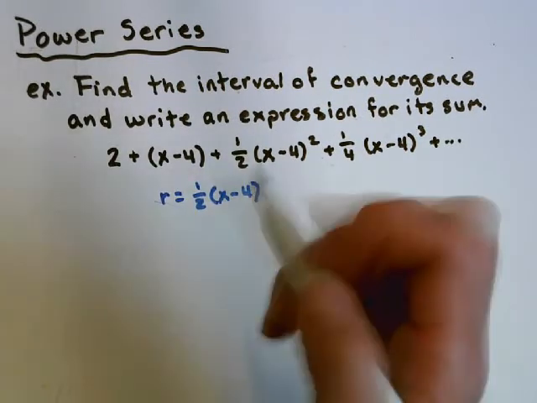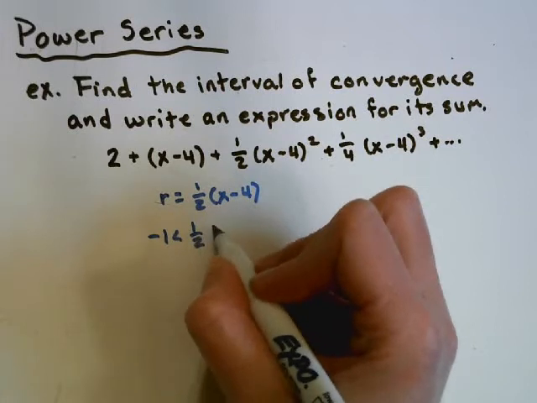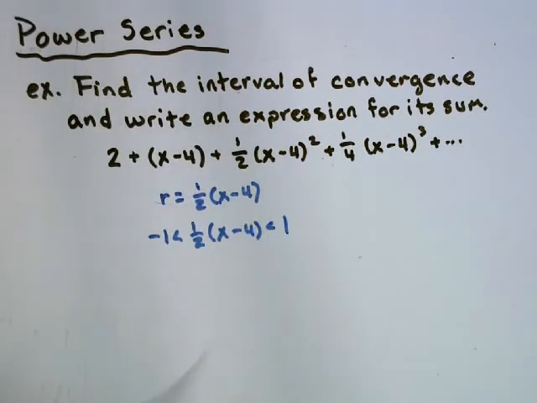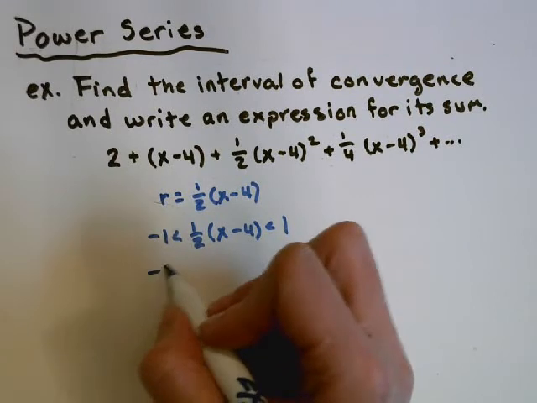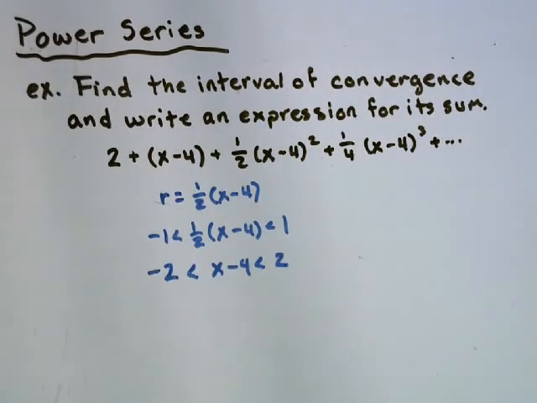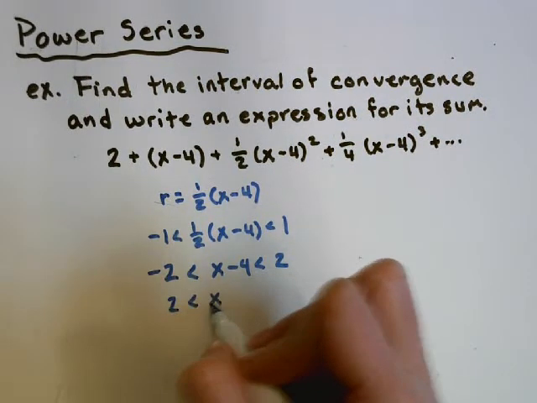Well, for my interval of convergence, that means I need that whole thing to be between -1 and 1. It's always between -1 and 1. And then we're going to solve for x. So I'm going to multiply everything by 2. And then add 4. So -2 plus 4 is 2.